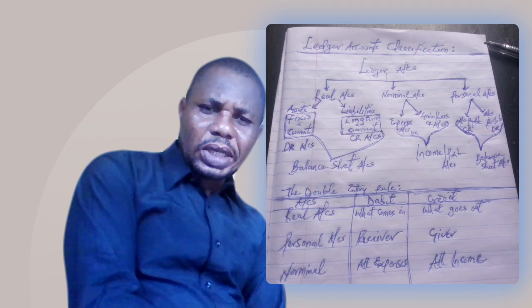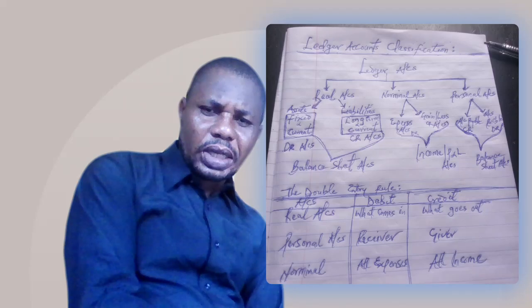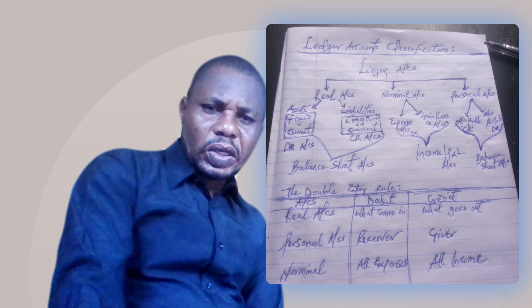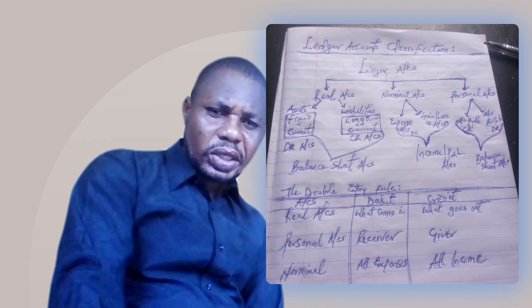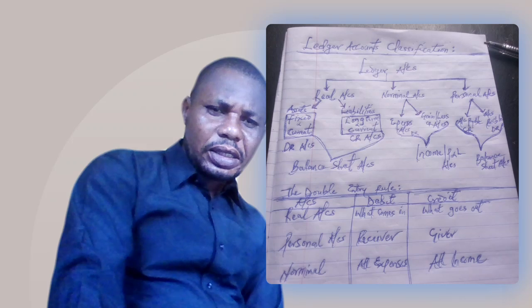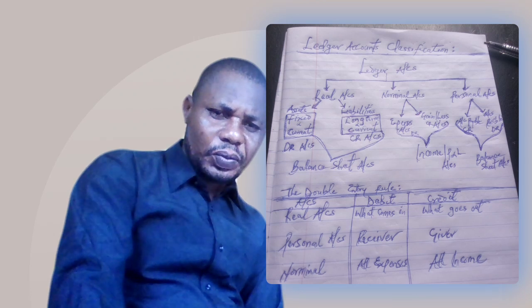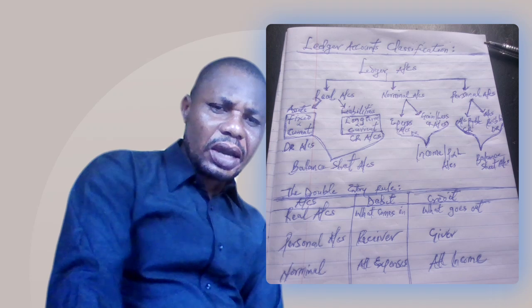We start with assets, which are further divided into fixed and current assets. So in summary, as we are seeing here, the fixed and current assets are all debit accounts, while the liabilities are credit accounts.